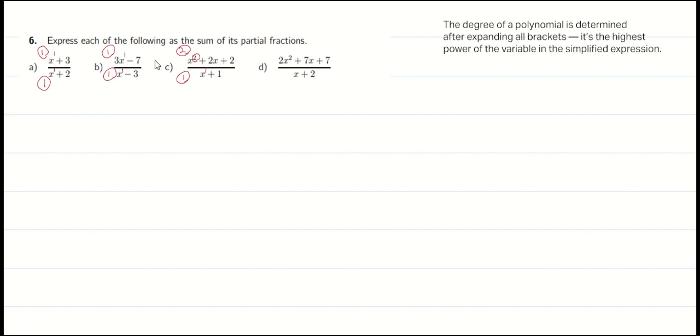In order to solve this kind of question, what you have to do is divide the dividend by the divisor, and this would be equal to our quotient plus the remainder over the divisor.